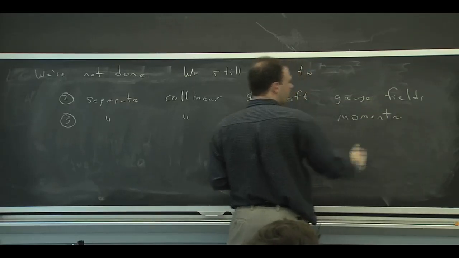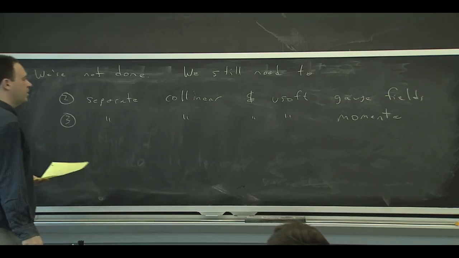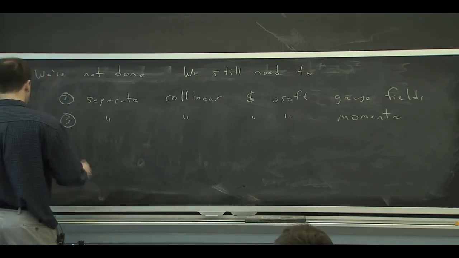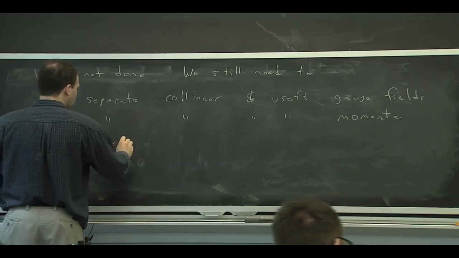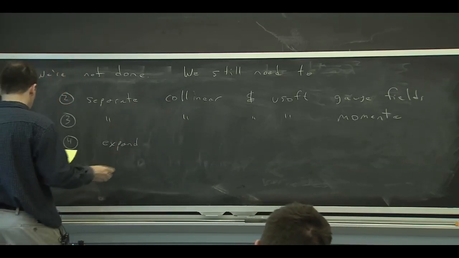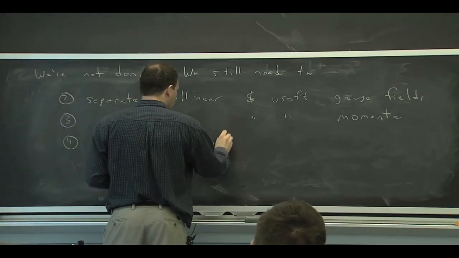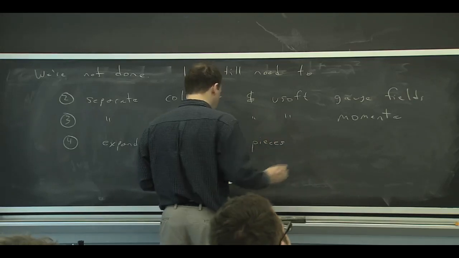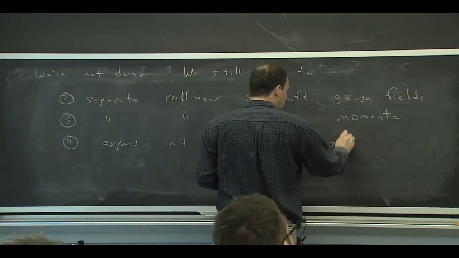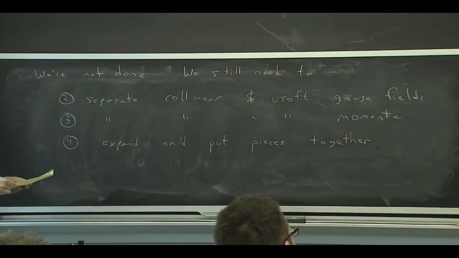There are 2 different types of momenta, as we saw in this simple example of a gluon momentum flowing into a propagator, and we actually have to distinguish them. And then we have to expand. Until we do these first 2 steps, there's not really anything to expand. Once we've distinguished those, we'll be able to say that certain things are larger than others, and then we'll be able to figure out what the leading order Lagrangian actually is.